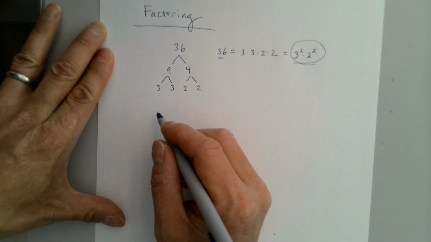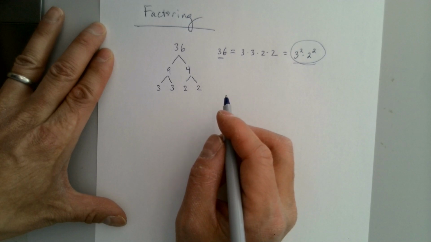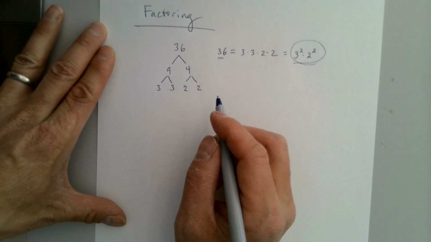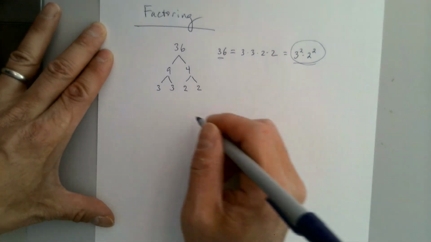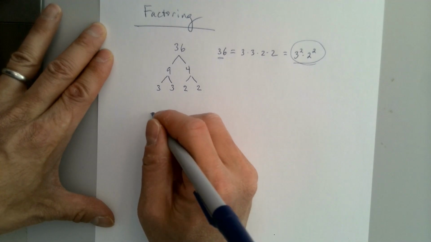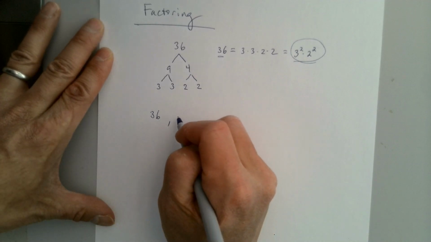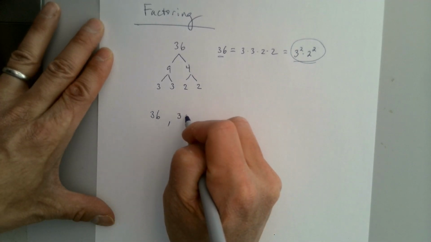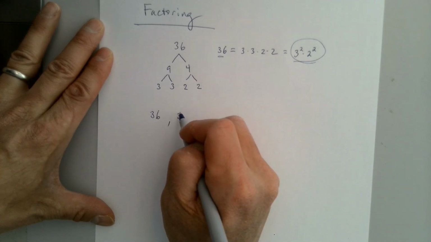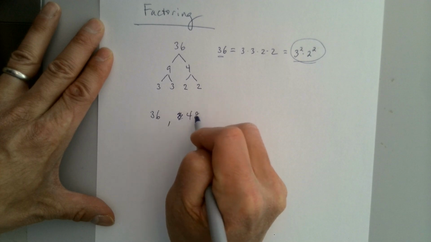Okay, so if we can factor a number, we could factor a pair of numbers. So let's take the number that we just used, 36, and let's take another number. Let's take 48.